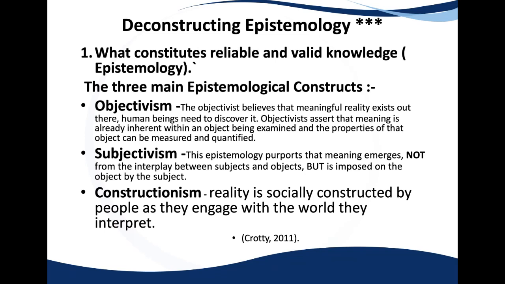But objectivism, which I gave earlier, argues that if we were all asked to sit in front of a place and observe an accident, the meaning associated with that accident is possessed by the accident itself. If you want descriptions of what is going on, you just need to examine objectively, in a quantifiable way, what was going on.